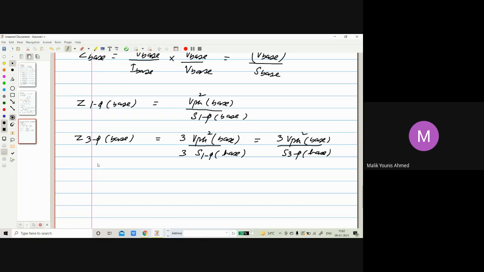Okay. So the same thing if I have to write in terms of the line values, VL square base divided by S three phase base.